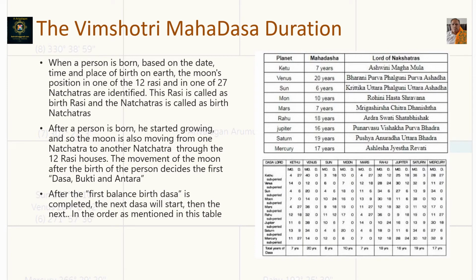These two pieces of information we take. The rasi where the moon is placed in the horoscope at the time of birth is called the Birth Rasi. Some people simply say Rasi, which refers to the rasi in which the moon is there.